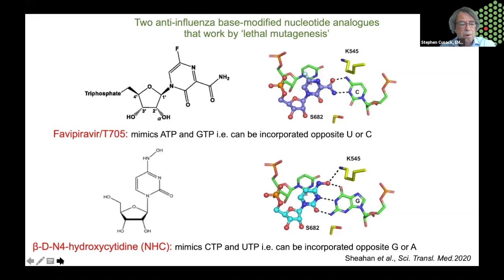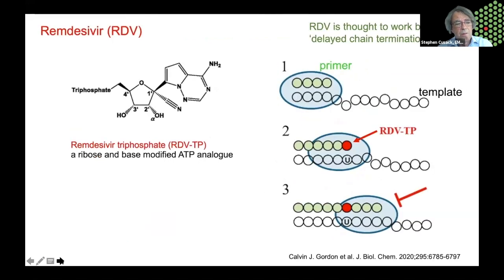And all this brings me to Remdesivir, because this is in the same class, and this is the one that everyone's talking about now. This was developed by Gilead to inhibit Ebola polymerase. Ebola virus is an RNA virus as well. It's a negative strand virus, but not quite the same family as influenza.